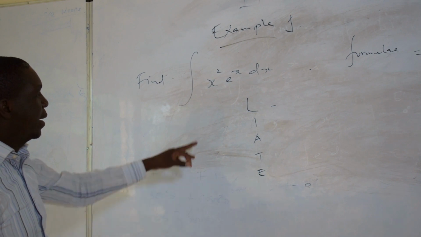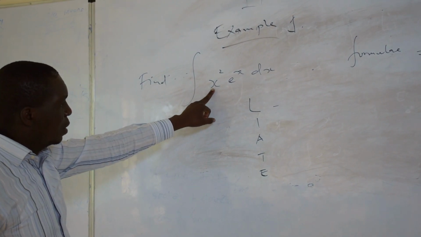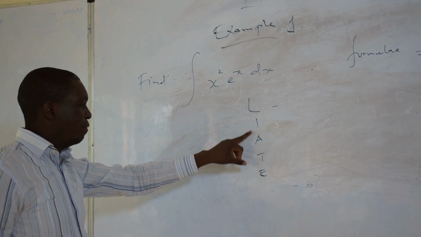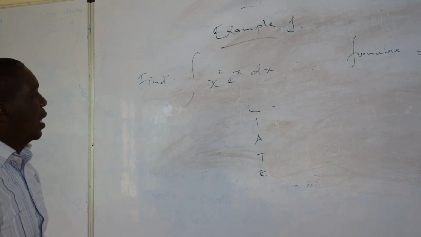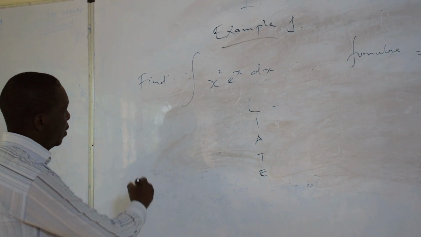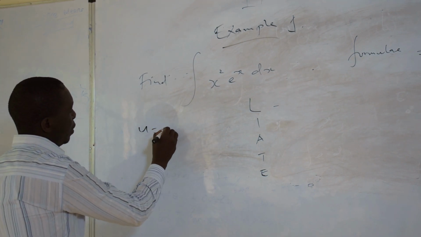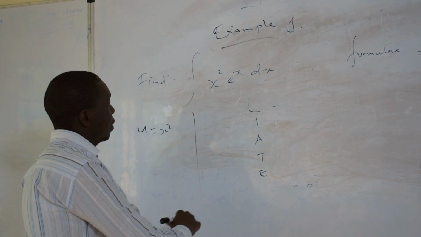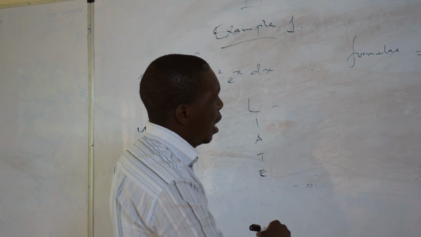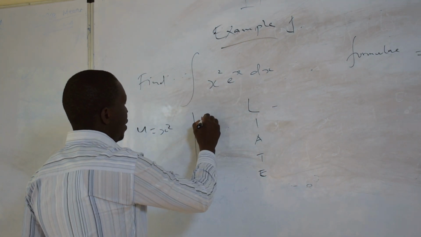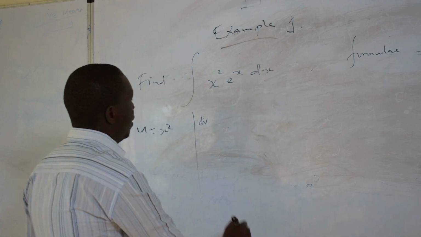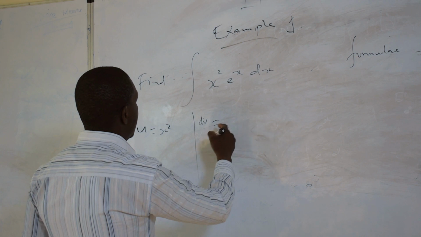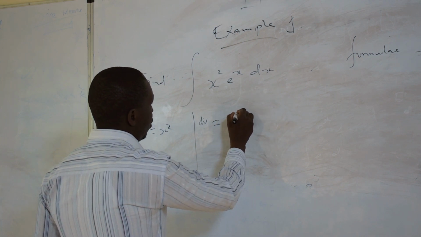Our u becomes x squared because it comes before the exponential function. So u is equal to x squared, and our dv will be e to the x dx.